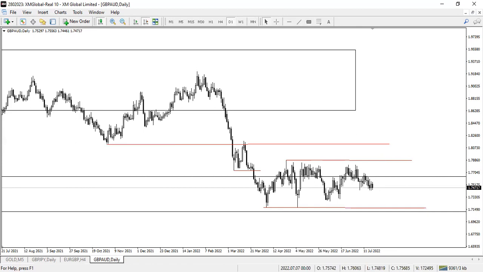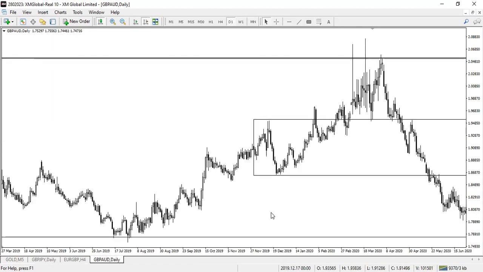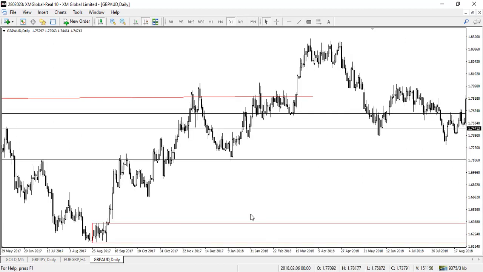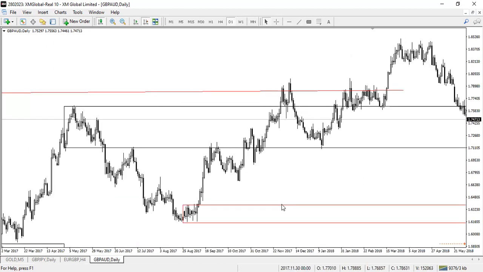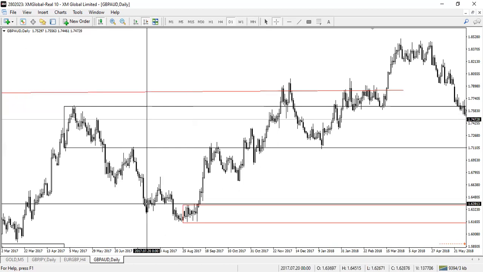Then we know that we're going to take a sell. When you take that sell, if you're trading currencies, your point of interest or take profit must be here.